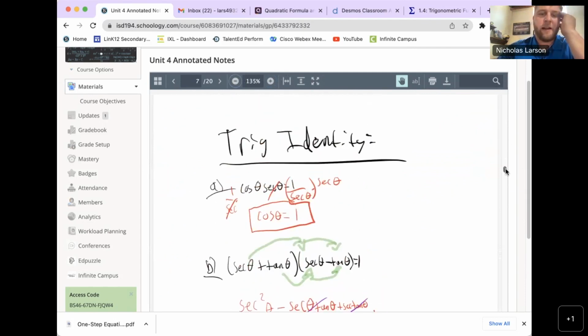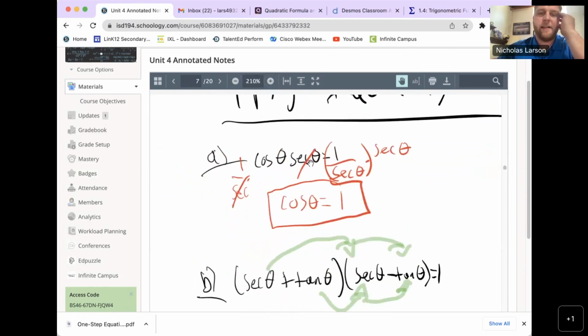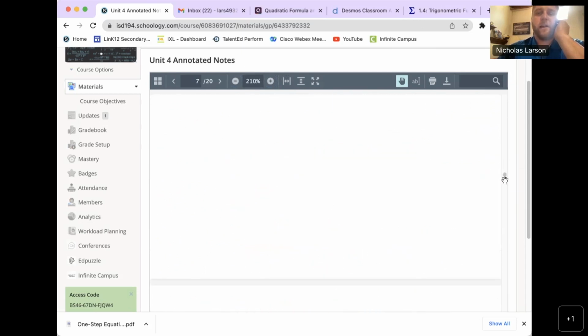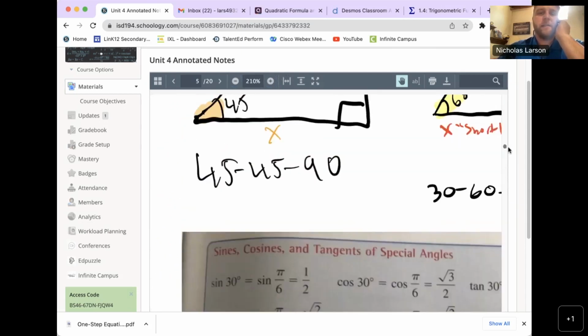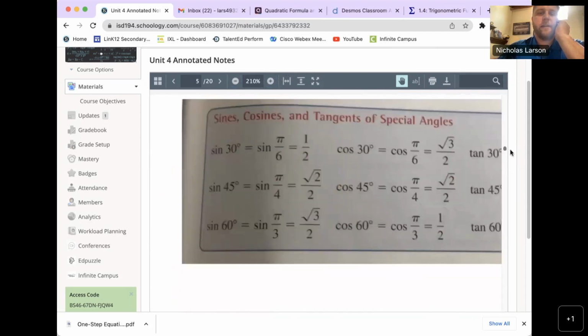Here's an example I kind of alluded to earlier. Again, cosine theta, secant theta. I want to somehow get something so that I can cancel out. Well, I could rewrite cosine theta if I were to scroll up and look at my properties.